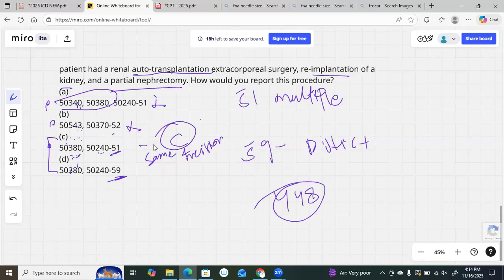Exactly, it's a multiple procedure because it is with the same incision and these are not a component of each other. So that's the only reason we are not going to bill the 59 modifier. Okay. Yes, ma'am. Thank you. Thanks. Now let's move further.